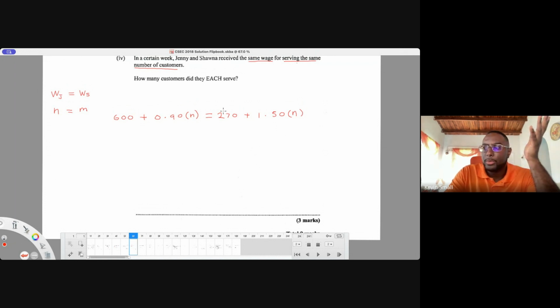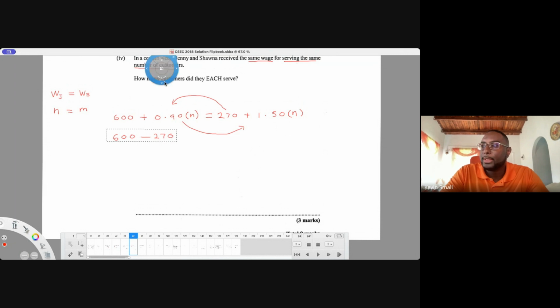And now what I can do is rearrange this. I can subtract 270 from both sides, like what Rodario did. So I can say 600 minus the 270. In other words, I carry this over, and likewise, I carry this over. Just remember that when you carry over, or when you are trying to rearrange, you must do the opposite.